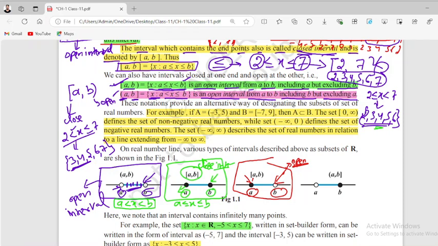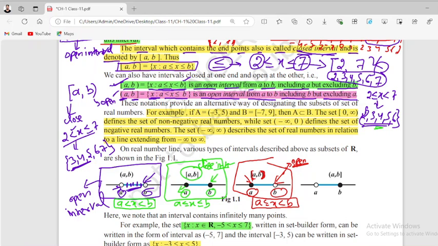So that's why we are using the closed interval sign here, and the open interval sign here. So A is included and B is not included. So we can write it like that: A less than or equal to X less than B. This is the mathematical representation of this set.